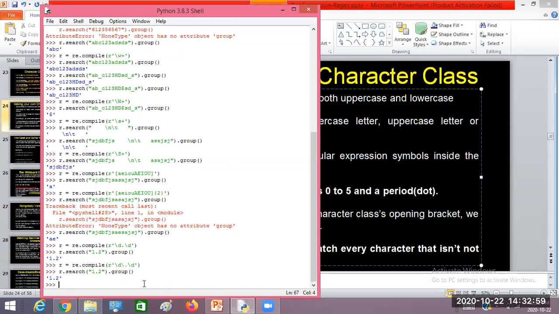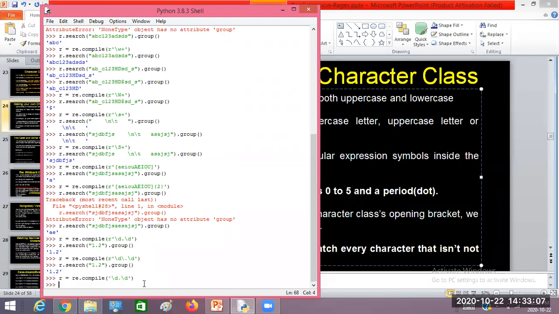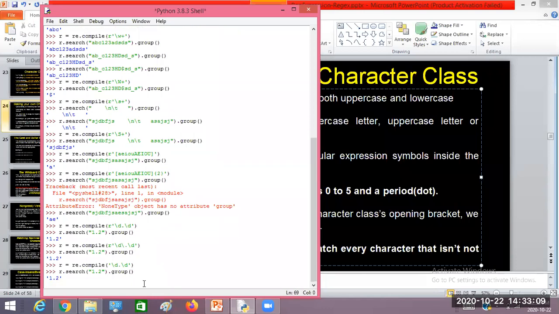Let's remove this one and check again. As per the regular expression, it should not match the dot here, but it's matching with the dot.